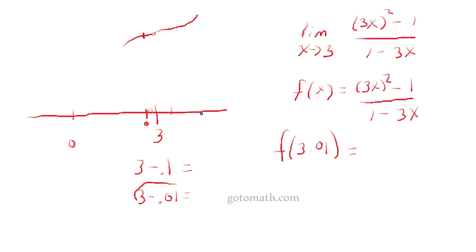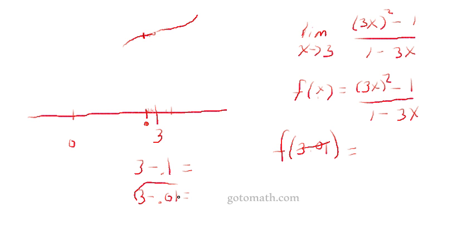So that's coming in from the left, and we take a look at those values as we get closer and closer to 3 from the left, and then we do the same thing from the right, and we look at those y values. Actually, sorry about that, 3 minus 0.01 is not going to be 3.01. That would be coming in from the right.